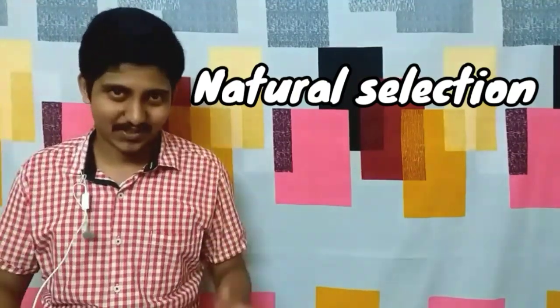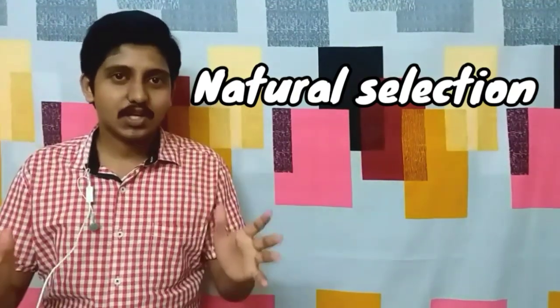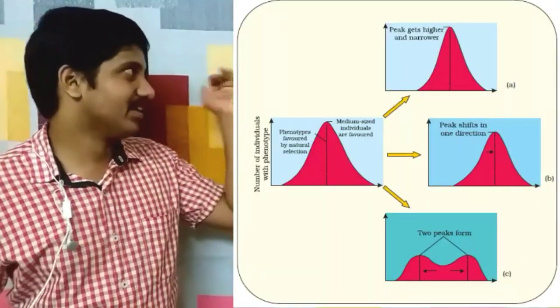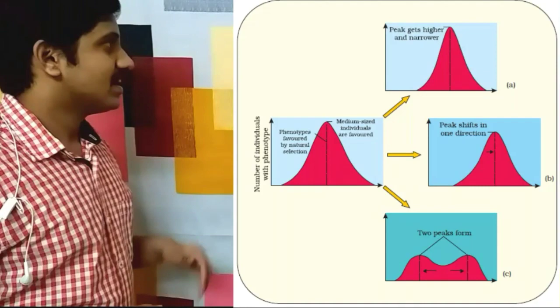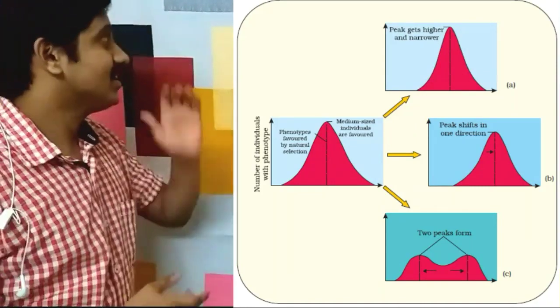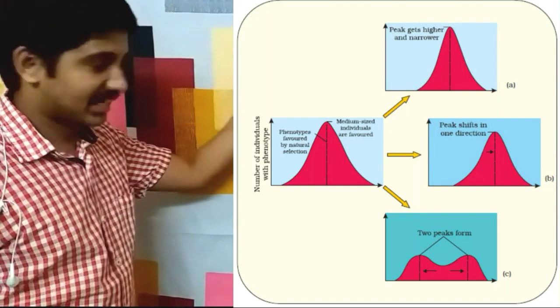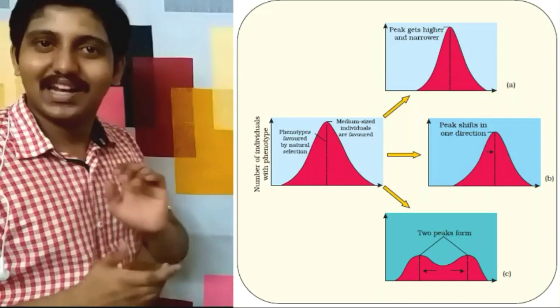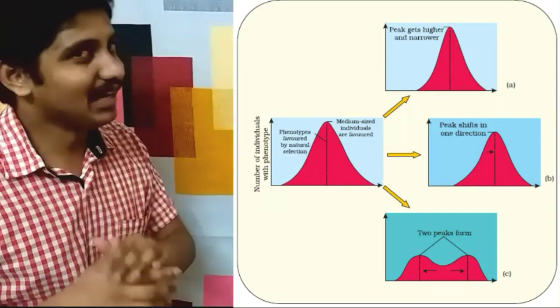This is called natural selection. And natural selection can operate in three different ways, as given in the figure here. So here the three types of natural selection are the stabilizing type, then the directional type, and the disruptive type.